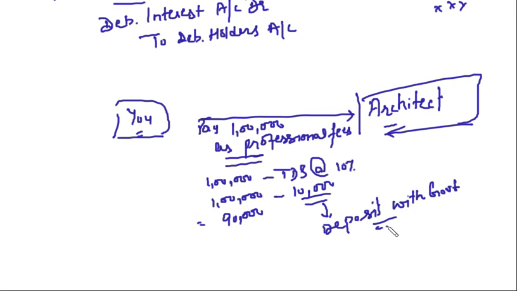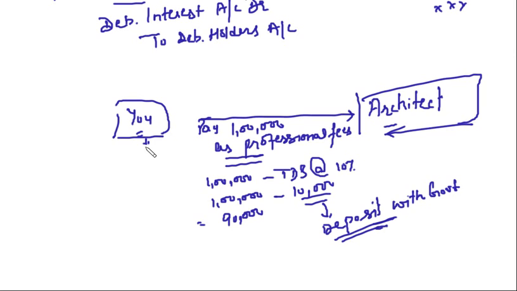Right? Now you might say it is a loss to the architect because the contract was for 1 lakh but he is getting 90,000. 10,000 is going to the government as a tax. But the architect will never be at a loss. He will get his 1 lakh rupees because he will get the refund of this 10,000 rupees that is deposited by you. You deposit 10,000 rupees on behalf of the architect with the government and the government will give 10,000 rupees to the architect.